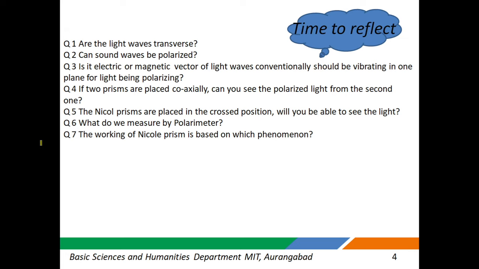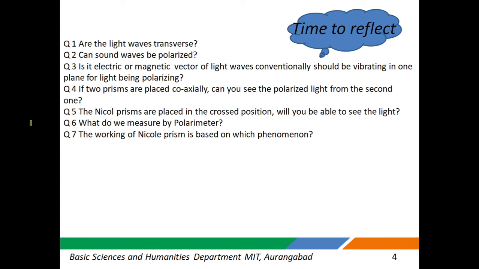And question 5, if the Nicol prisms are placed in the crossed position, will you be able to see the light? Sixth question, what do we measure by a polarimeter? And the last question is, the working of the Nicol prism is based on some optical phenomenon. What is that phenomenon? In question 4, please assume that it is a Nicol prism.